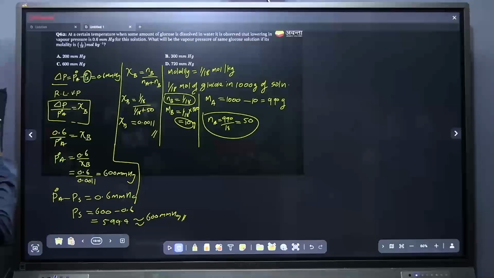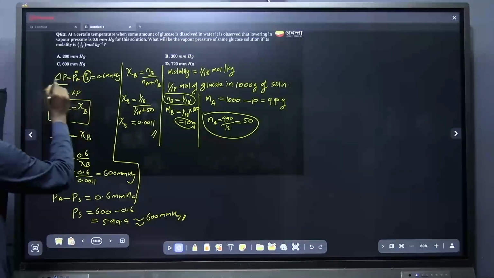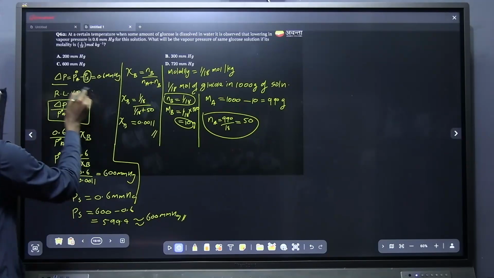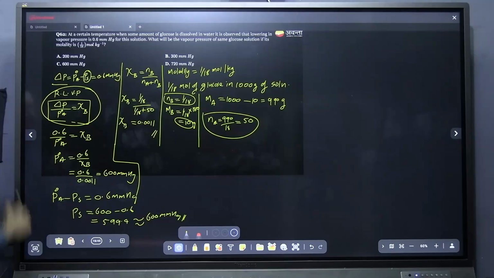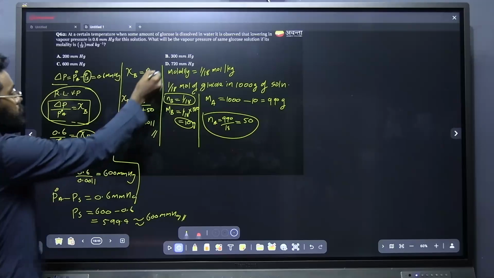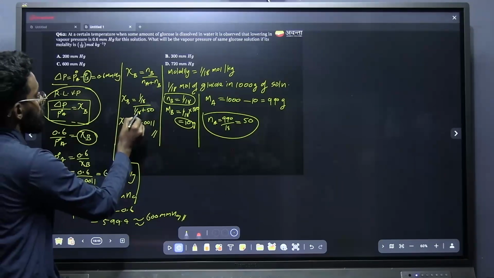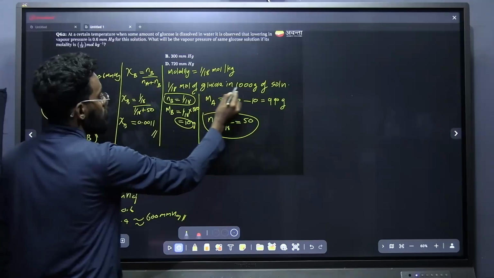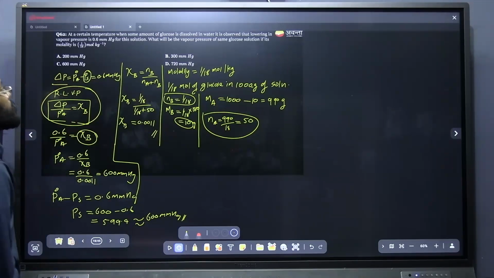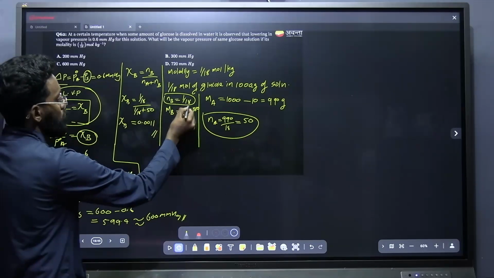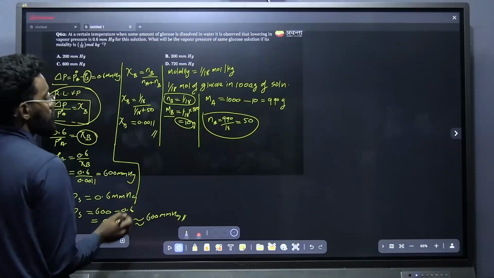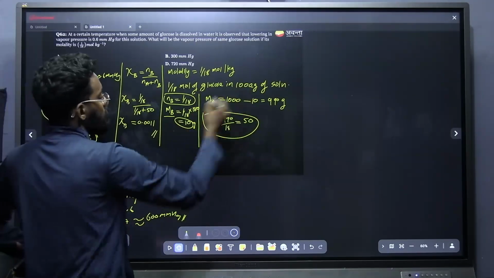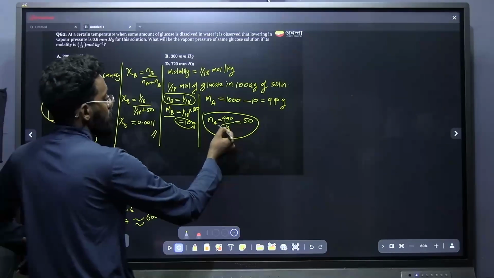I will explain it once again. Delta P is given in the question as 0.6 mm Hg, and the relative lowering of vapor pressure, delta P by P naught A, is equal to chi B. So 0.6 divided by P naught A is equal to chi B. Chi B we found using the mole fraction equation: 1 by 18 divided by 1 by 18 plus 55, where 1 by 18 mole of glucose in 1000 gram of solution is already mentioned in the molality. The mass of solute I found as 10 gram, so out of 1000 gram, the remaining 990 gram is solvent.